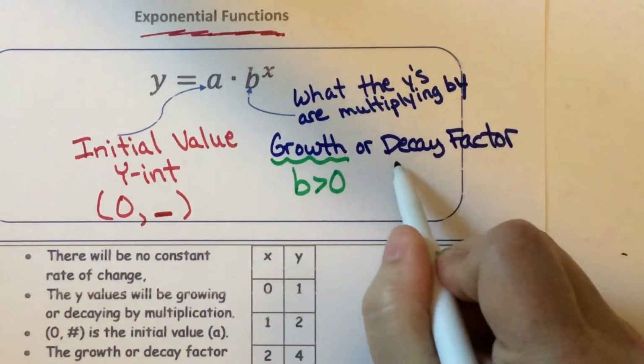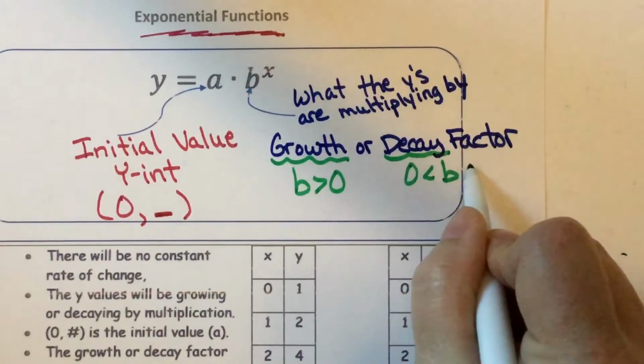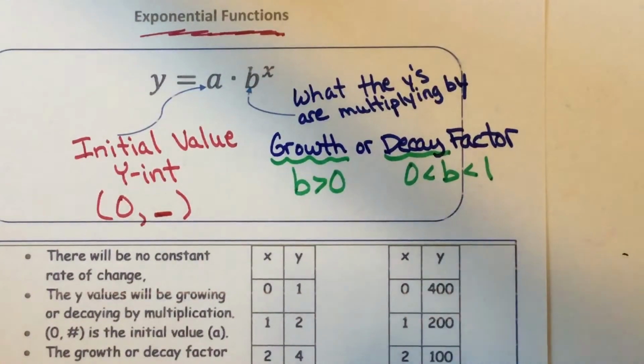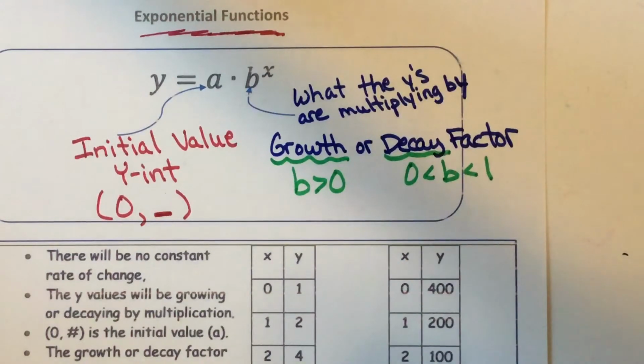We will know if something is decay if the b is somewhere between 0 and 1. Well, what kind of numbers are between 0 and 1? 1/2, 1/4, 1/8, 1/16, 2/3, 3/4. All those fractions and decimals, somewhere between 0 and 1.